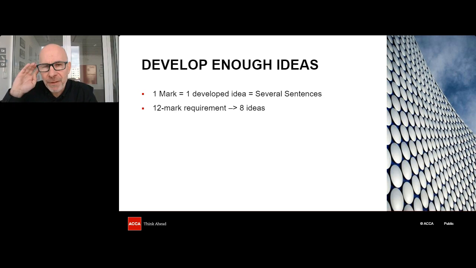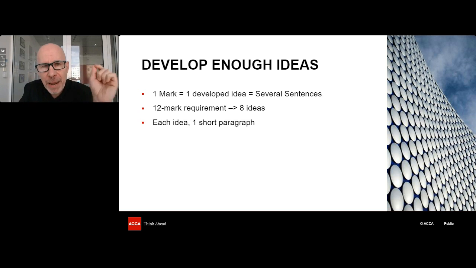If you are briefly outlining something, you could get away with it, but that's not an APM verb, briefly outline. So for a 12 marker, bare minimum is 8. Each idea is a tiny little paragraph, right? 2, 3 sentences.